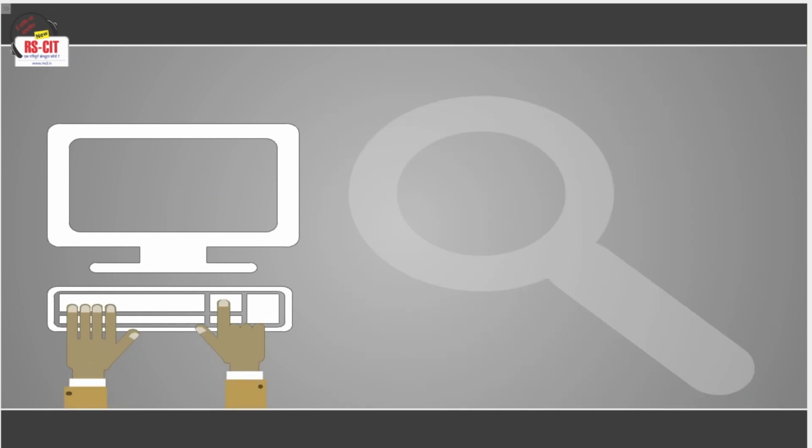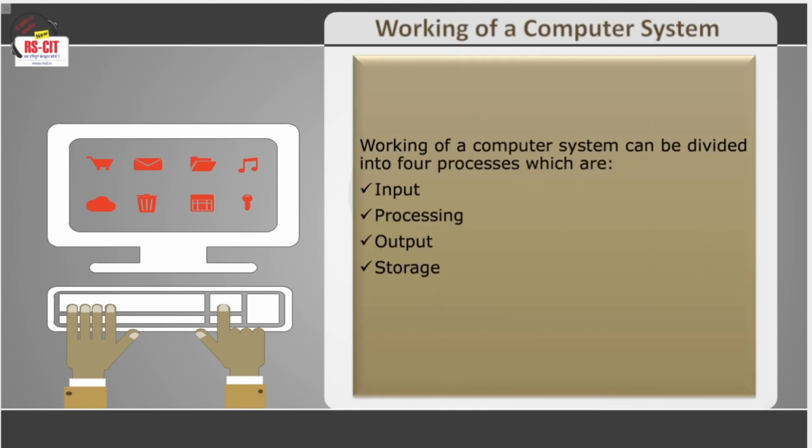Working of a computer system. Working of a computer system can be divided into four processes, which are input, processing, output, and storage.